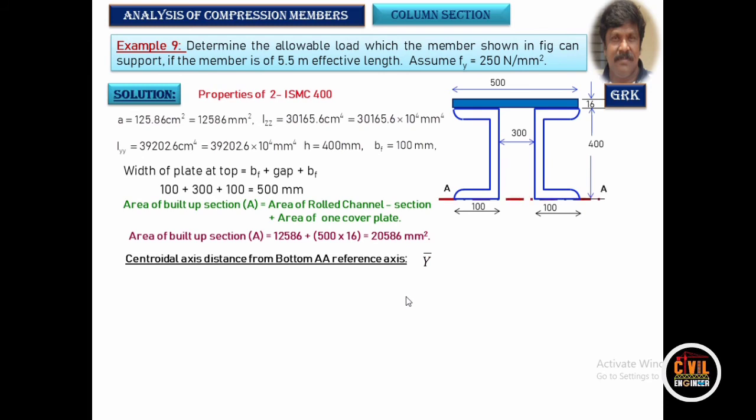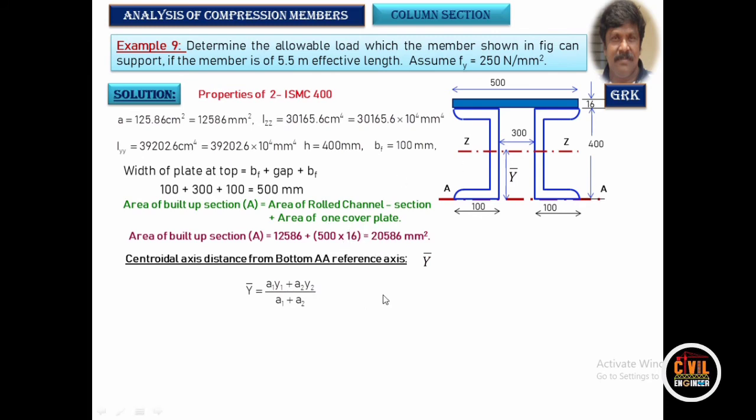Let me consider an axis at the bottommost end of the built up section. Let the ZZ axis of the built up section be at a distance y bar. How to get y bar? We have studied all these things in the first year itself, in CG and MI chapter. Y bar is given by A1 Y1 plus A2 Y2 divided by A1 plus A2.